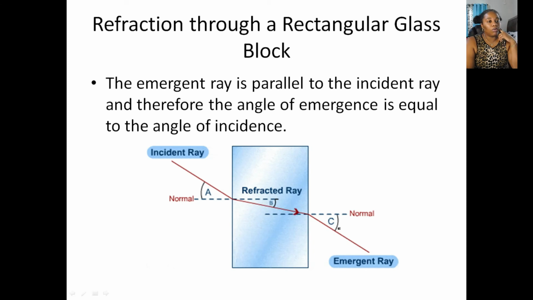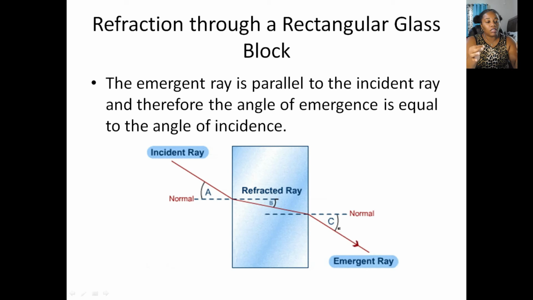So when we're doing labs or practicals based on refraction of light traveling through a glass block, you see here the incident ray along the normal, and then you will see it refracting towards the normal and then exiting. Now they all have names. The light at different points of its refraction all have names. So the ray at the beginning is referred to as the incident ray.